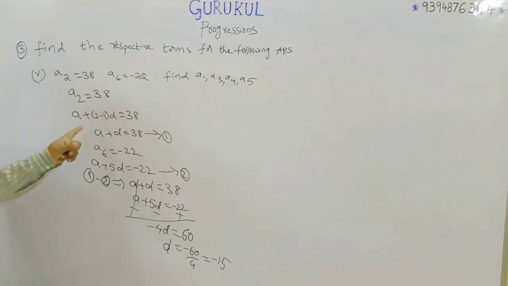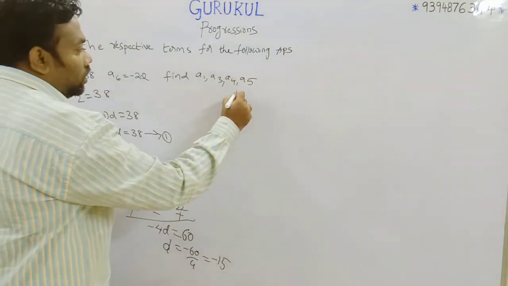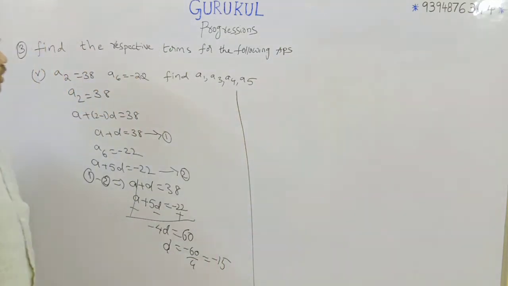a2 equal to 38, d equal to minus 15. So first value. d equal to minus 15.